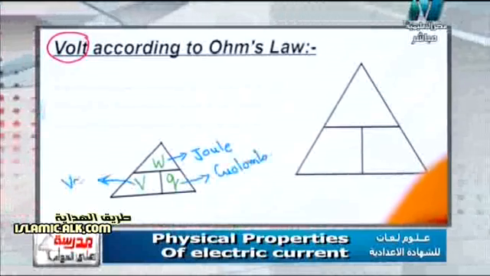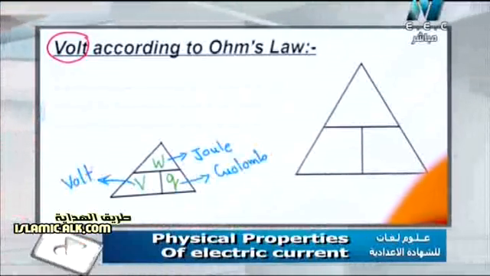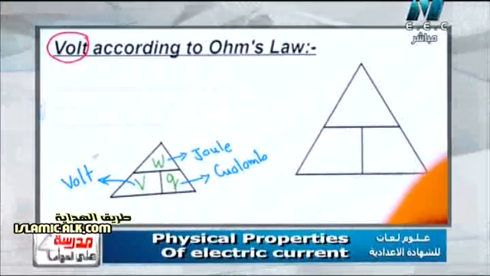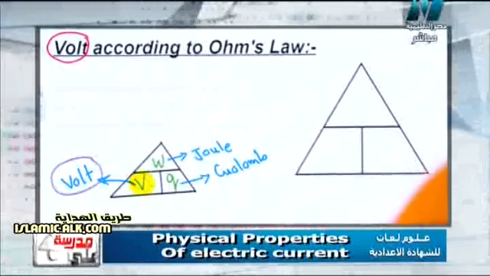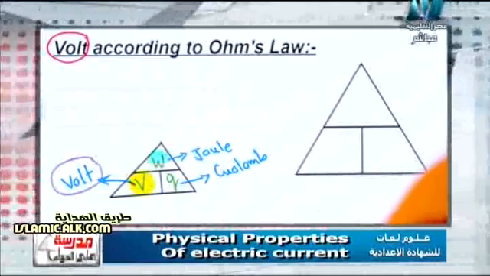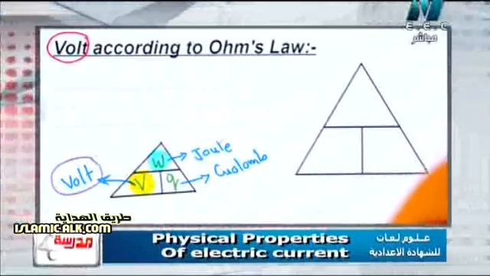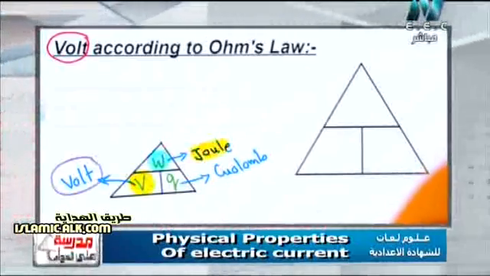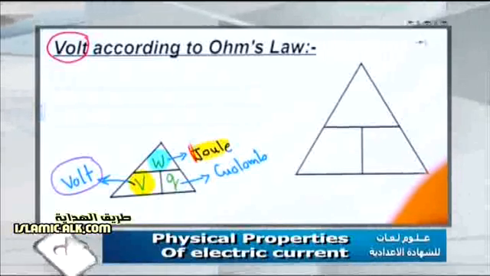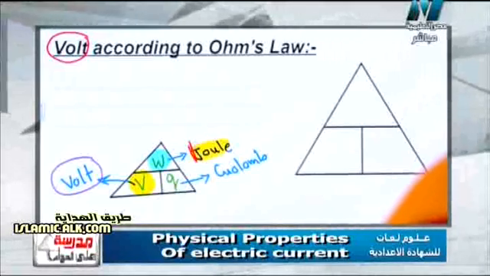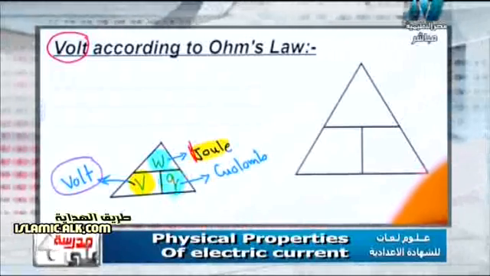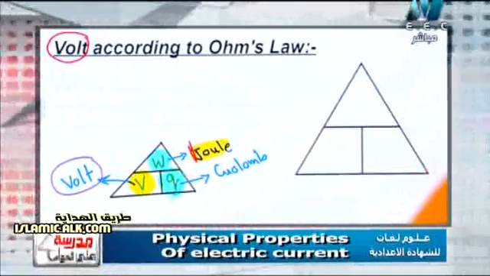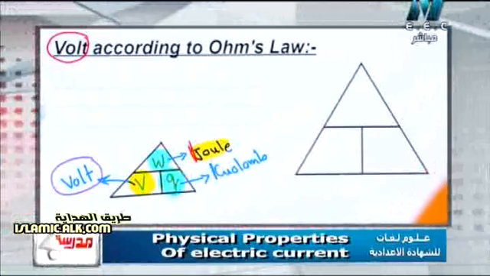So what is meant by volt? Volt is the potential difference when work done equals 1 joule and the quantity of charge equals 1 coulomb.